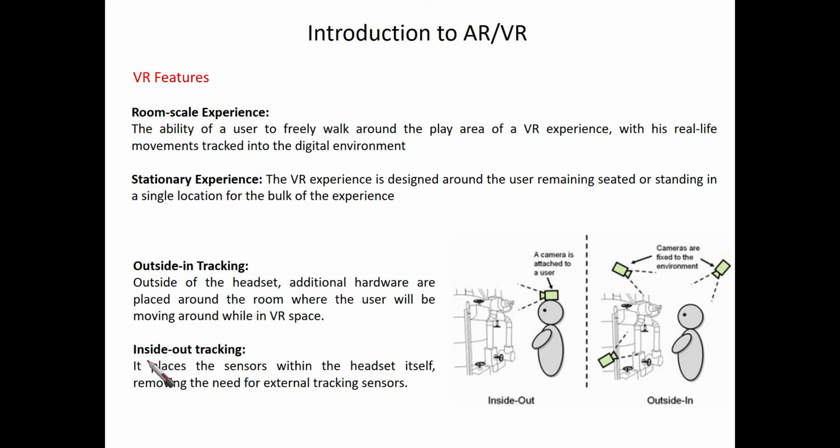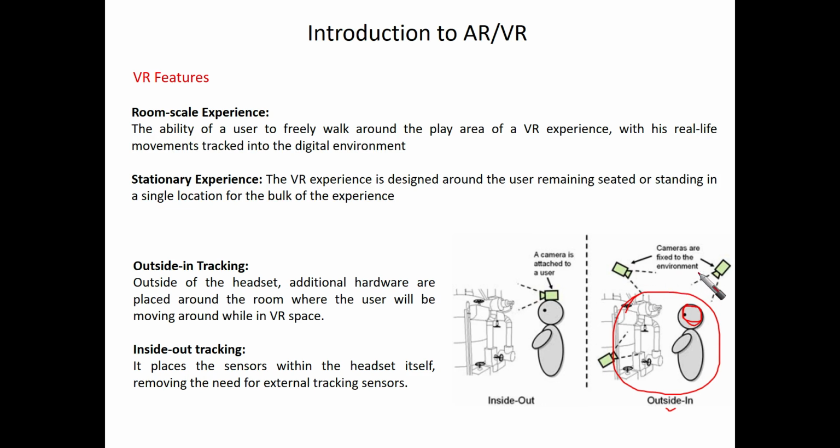Okay, now outside-in tracking is, for example, this is called outside-in tracking. So here what we do is we have, let's say, a headset, and this is the headset, and we are in the room, and I will be moving around this room, right? But when we are moving around this room, somehow we need to understand how this VR set will guide me.